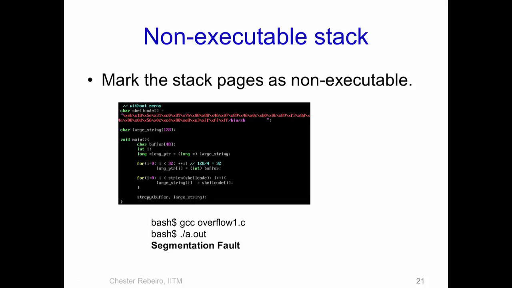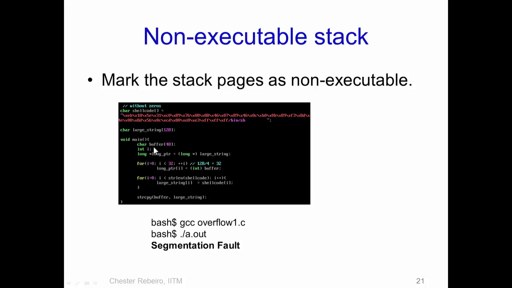The first and the most obvious way to prevent the buffer overflow attack which occurs in the stack is by making the stack pages non-executable. What we've seen is that the attacker would force the CPU to execute an exploit code which is also present in the stack.